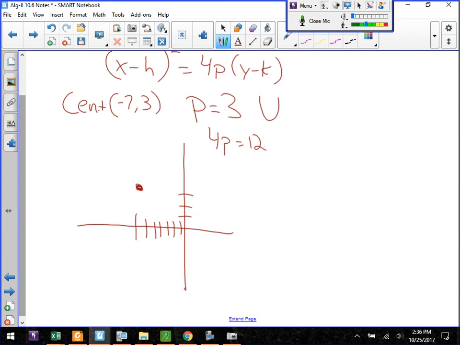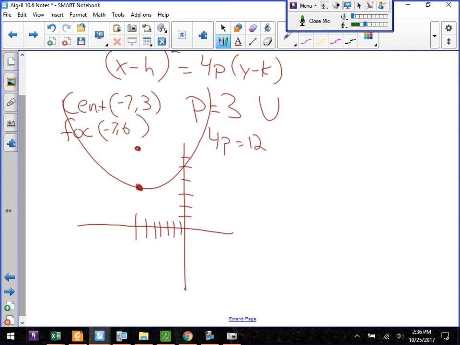I know it's got to open up. Remember, your vertex is always going to try to open towards the focus. So it goes up 3. So our focus here, well, it's at (-7, 6). It's going to do that.